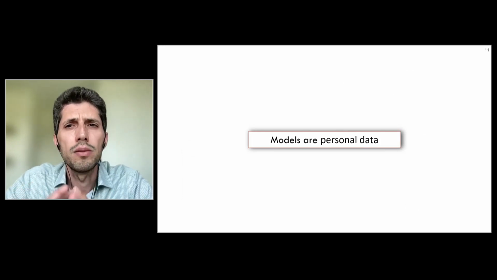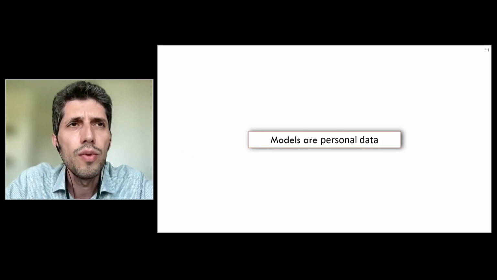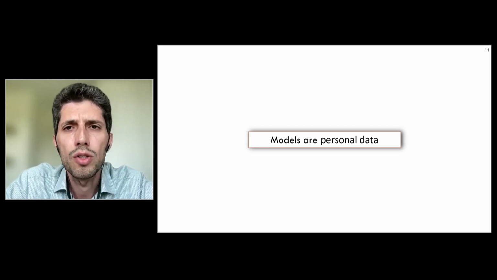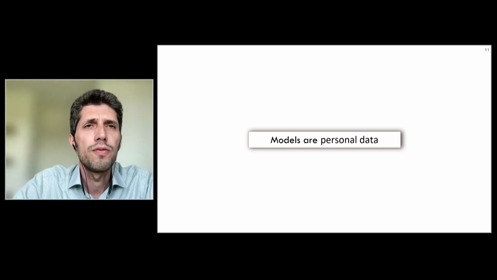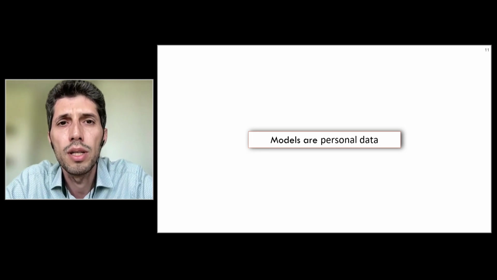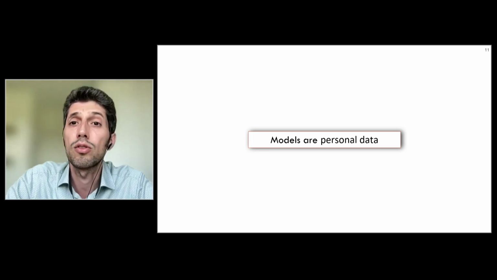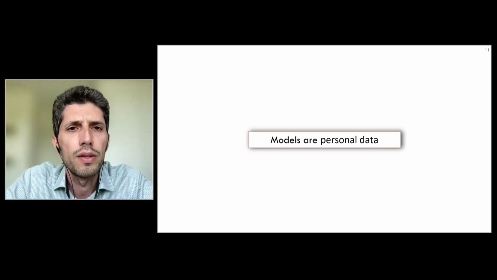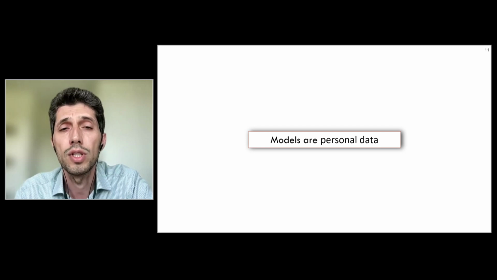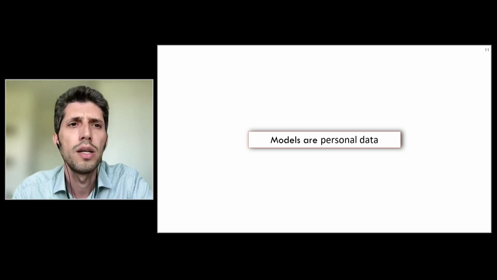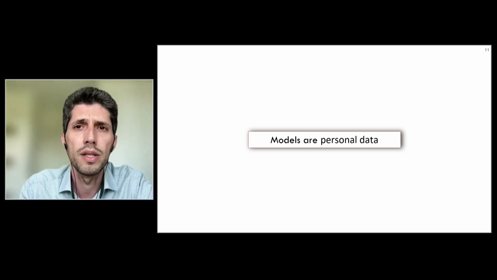So all that means that if we are training models on personal data, the models are personal data, and they need to be treated like that. If data cannot cross a boundary, the model which is trained on that data cannot cross a boundary either. If someone does not have authorized access to the data, they should not have authorized access to the model, unless these risks are properly mitigated.